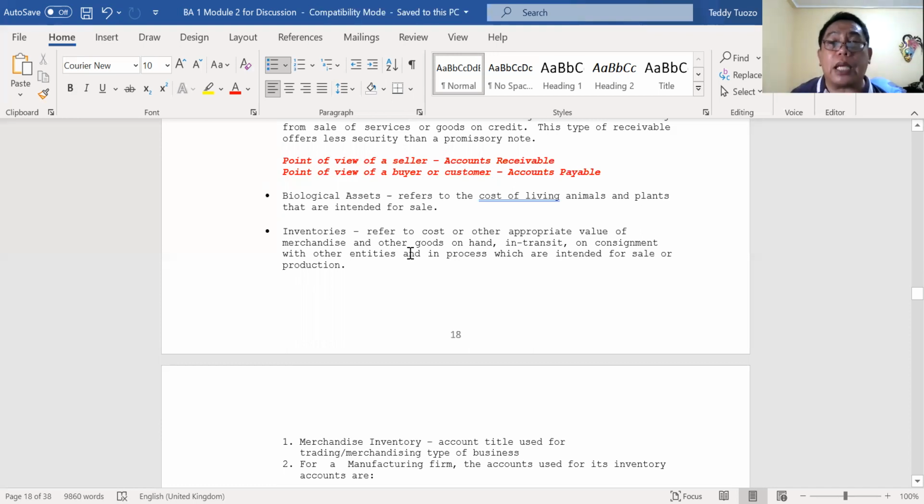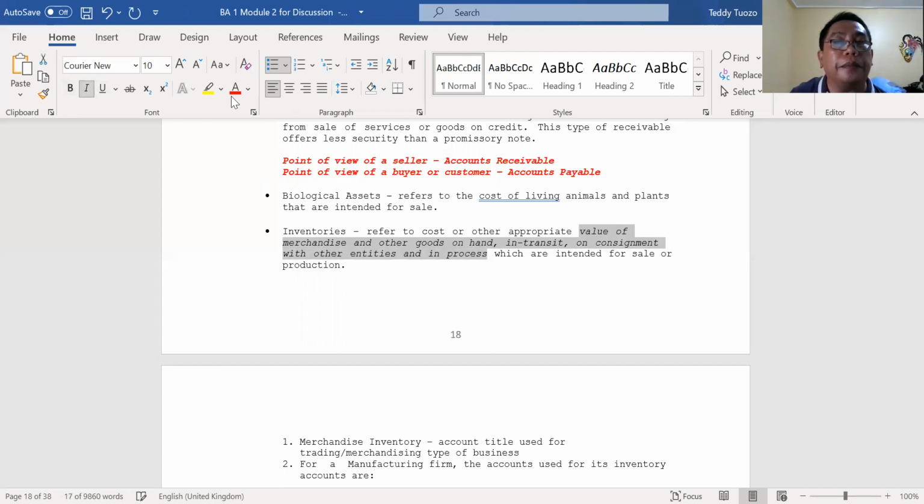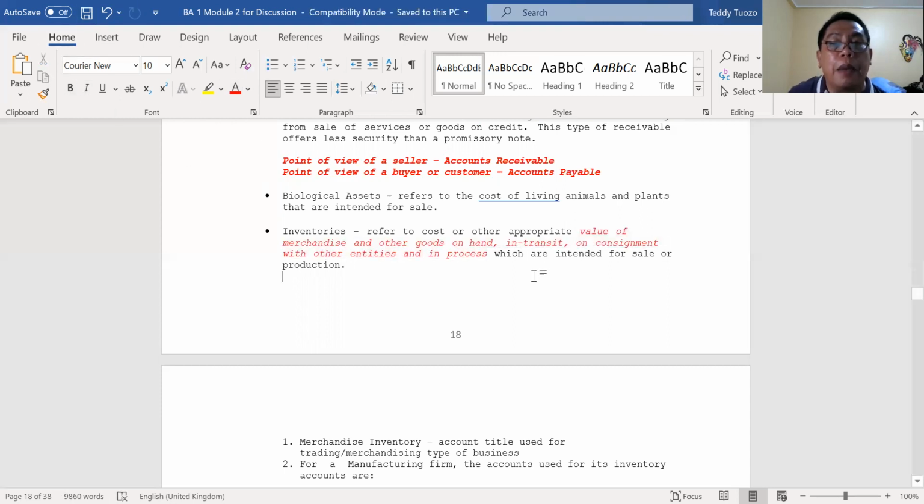Based on the definition of inventories, they may be the value of merchandise and other goods on hand, daton imo baligya na waya pa mahalin, no?